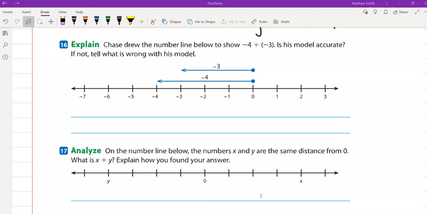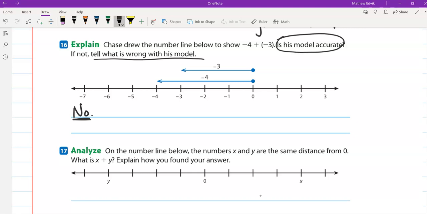Okay, so the first answer to this question is his model accurate? That answer is no, it is not accurate. And then we want to tell what is wrong with his model.